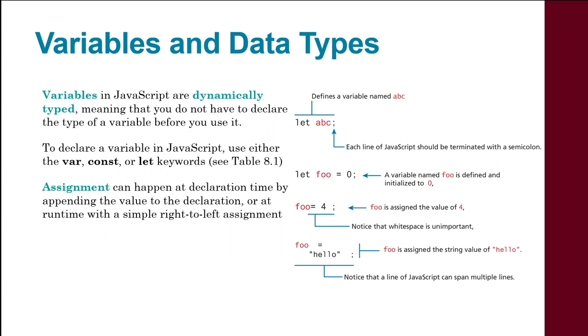And then to declare it in JavaScript, you either use var, which is variable, the second one is for const, for constant, or the third one is for let. These are explained a little bit more in your book on table 8.1, when to use those. Basically, use a constant when you are going to set a thing and then not change that thing.